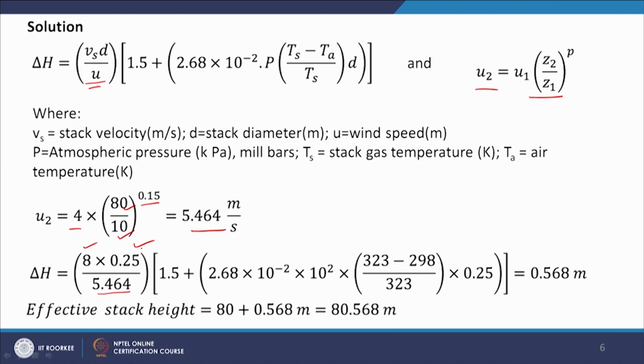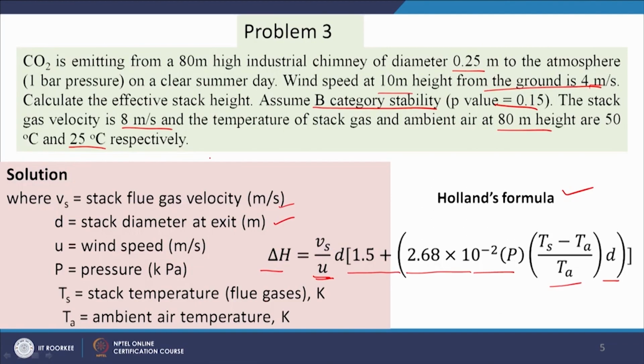Duct diameter, and 1.5, this formula 2.68 into 10 to the minus 2 into 10 square, because this P is atmospheric pressure, it is given in bar. And we know that in this empirical relationship our pressure is in kilopascal.